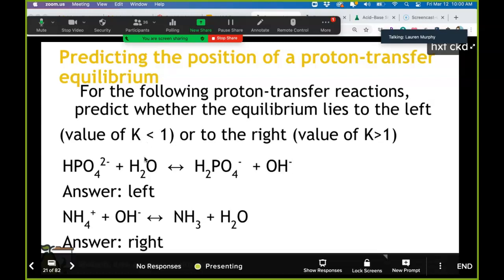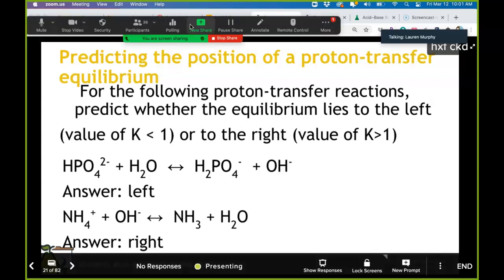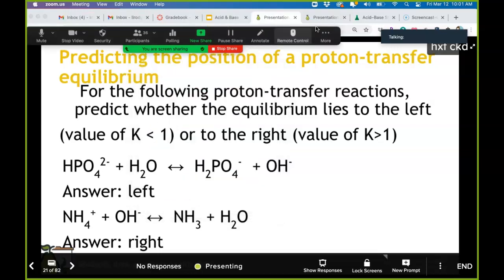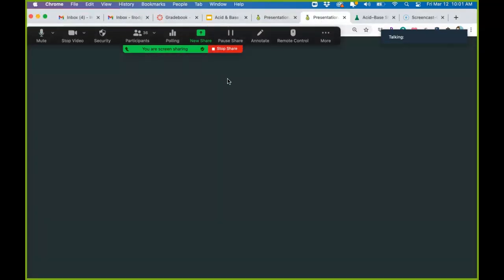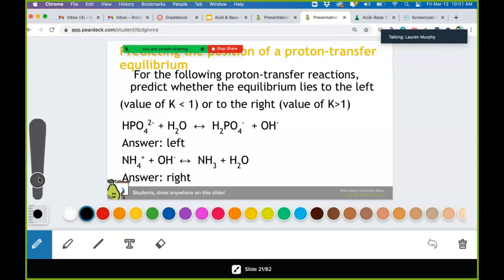So the first thing you're going to want to do is to identify your conjugate acid-base pairs. So who's the acid, who's the base, who's the conjugate? If you remember the Bronsted-Lowry definition, an acid loses or donates a hydrogen ion, and then the base accepts it or takes in the hydrogen ion.